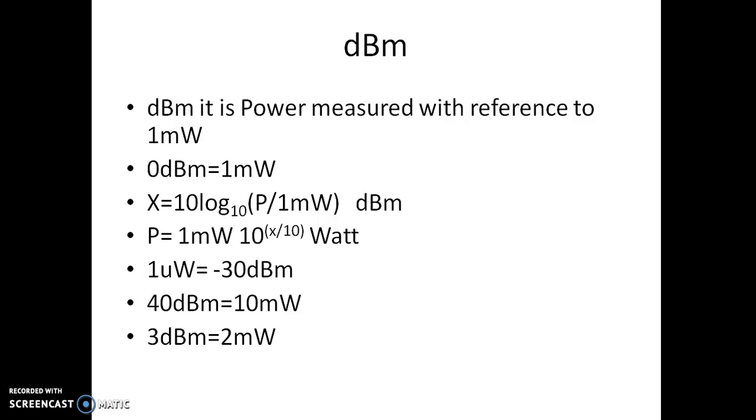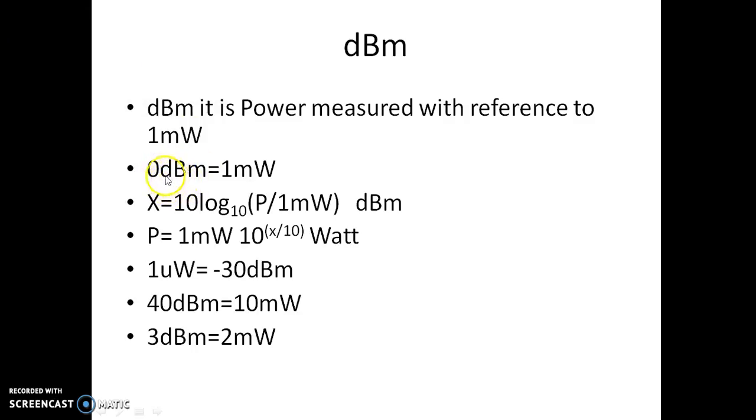We use 1 milliwatt because the power handled at RF frequencies is very small in magnitude. So 1 milliwatt corresponds to 0 dBm.